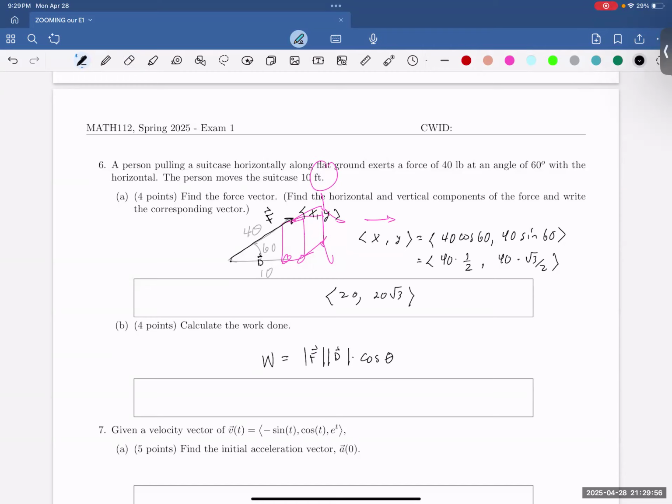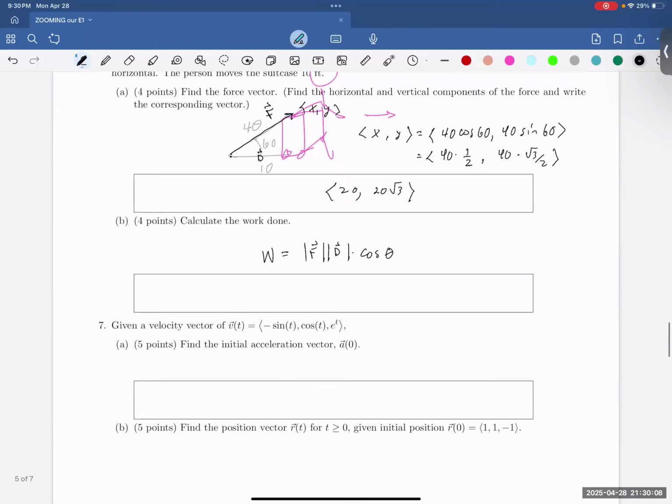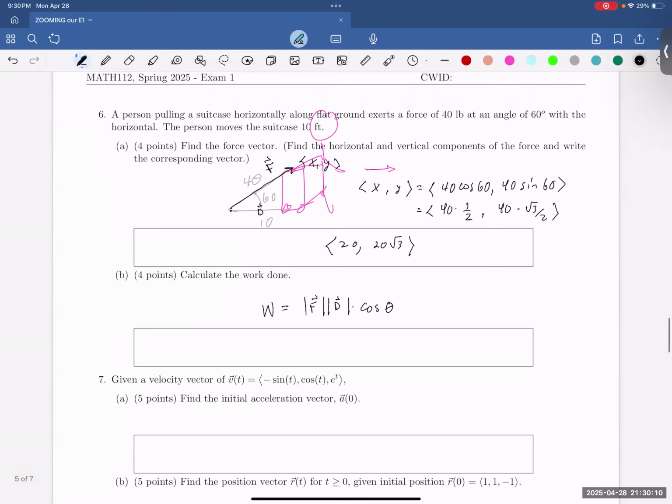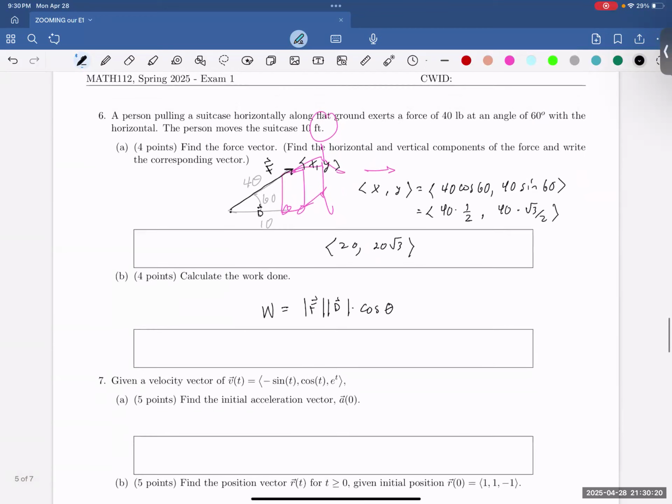Cosine or sine of the angle? I think it's cosine, and I'm trying to think why.